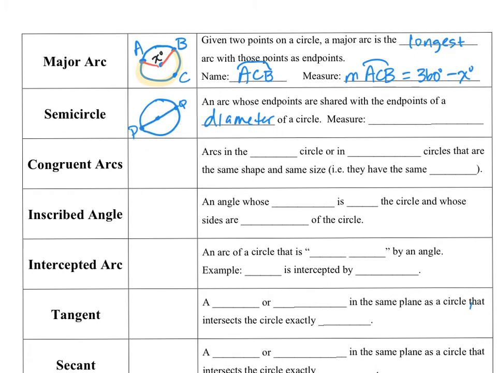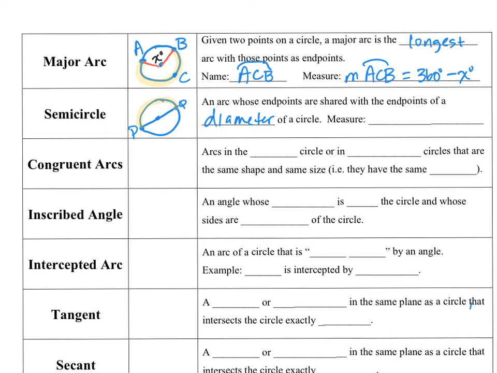When I go to name it, let me highlight which semicircle I am talking about. I want to name that semicircle. Just like when we name a major arc, we need to use a third point.